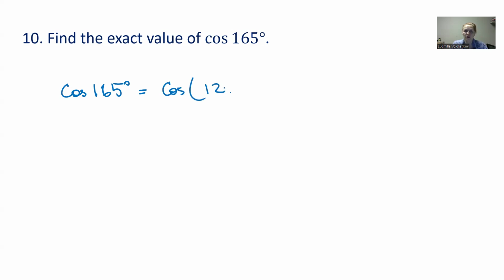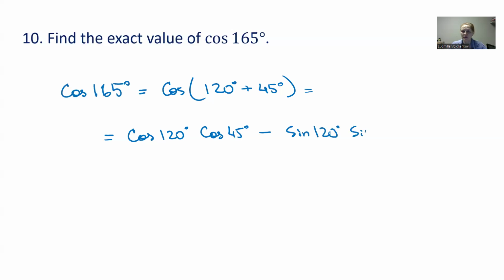Cosine of 120 plus 45. And then apply the formula for a sum. Cosine of the first times cosine of the second minus sine of the first, sine of the second.